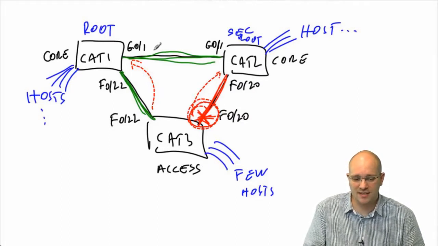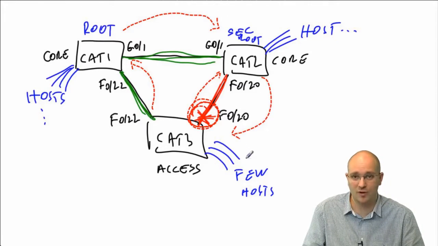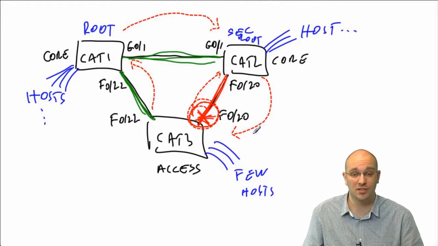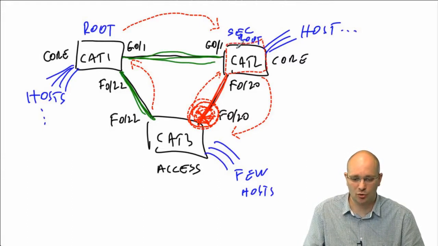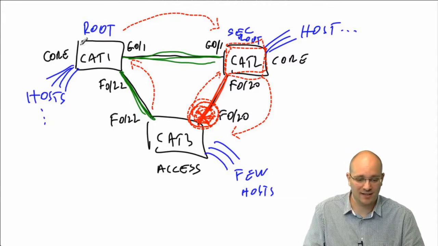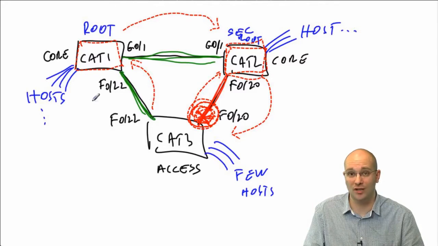The BPDUs received from Cat1 sent to Cat2 and then from Cat2 to Cat3 are going to be inferior to our own local copy, which means that Cat3 is going to determine that it has won the root election, and it's going to simply start sending its own copy of the BPDU towards Cat2, even though this was a blocking port in the original topology. When this happens, Cat2 here is going to determine that it needs to recalculate its spanning tree. The same thing is going to happen on Cat1.